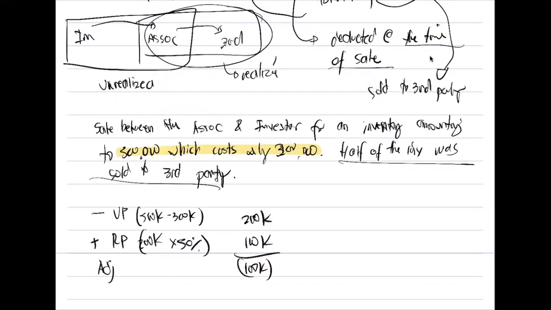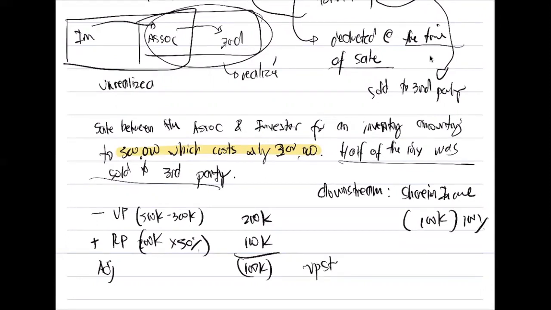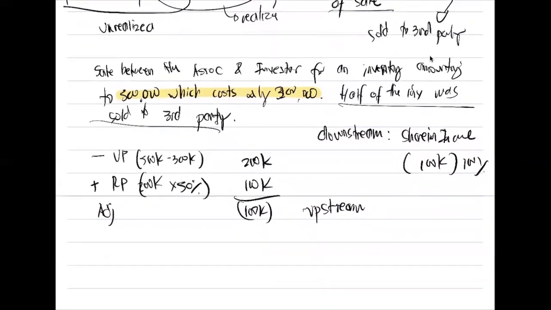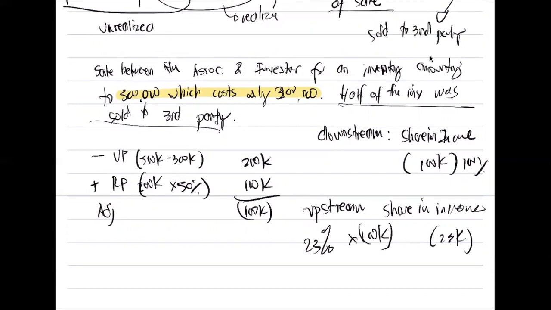If that is downstream, from your share in income, what do we do? If that is downstream, we get the whole. So you deduct 100,000 pesos, 100% yan. But if it's upstream, from your share in income, we will only get the percentage. So 25% times 100,000. So how much will we deduct? 25,000.